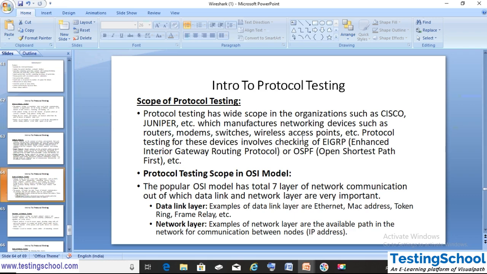In the protocol testing, you will test everything related to that protocol to ensure that all the functionalities are working fine. And if in one protocol some particular functionality is not working fine, you have to report a bug. That is the work of a tester.